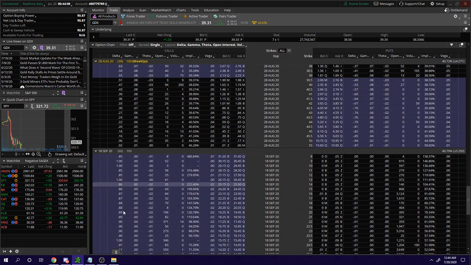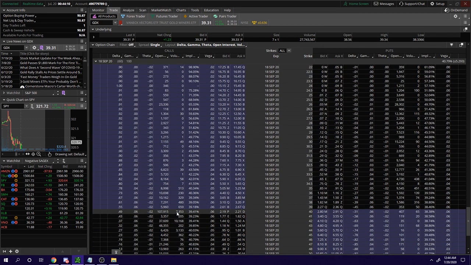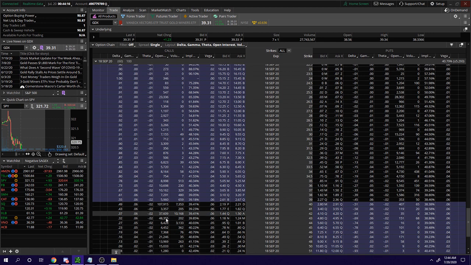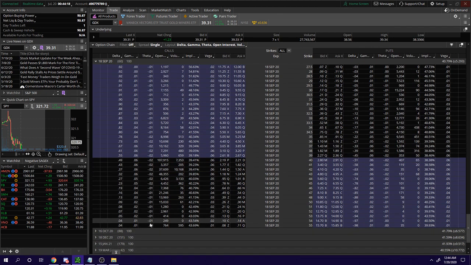You'll notice that other contracts, see this one, have 107,000 open contracts for the 18th September. Does that necessarily mean all these people are going to hold them until they expire? No. A lot of these people are simply trading options.